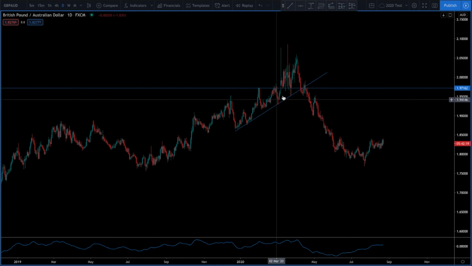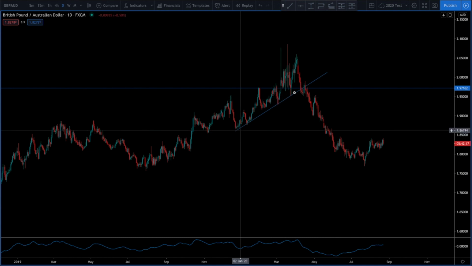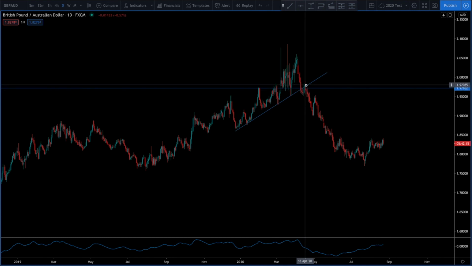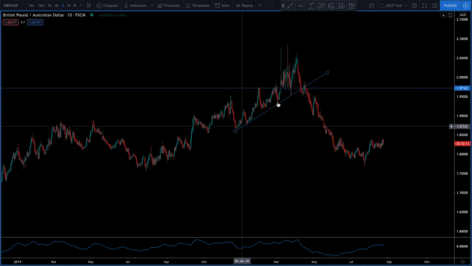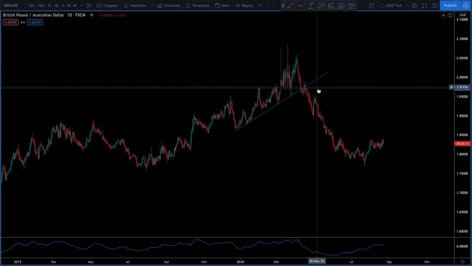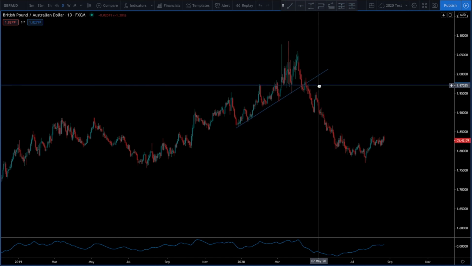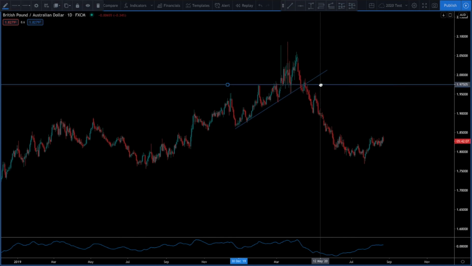You want multiple things going on. And to me, this trade right here with this trend line and this support and resistance line, somewhere in the 1975 area, this is a good trade.